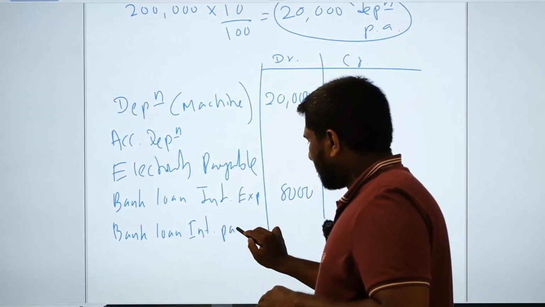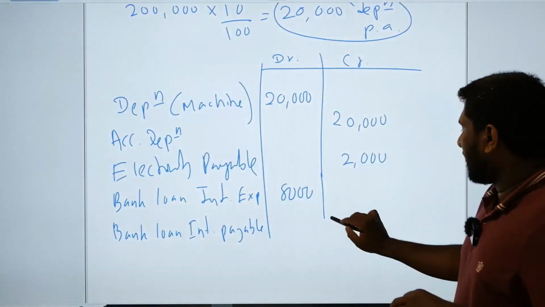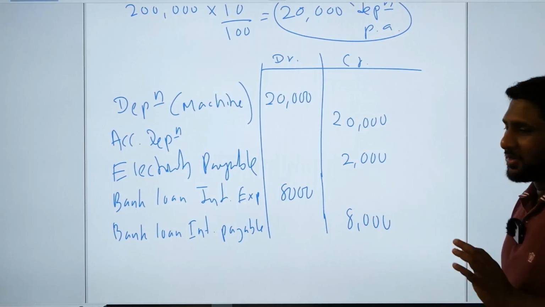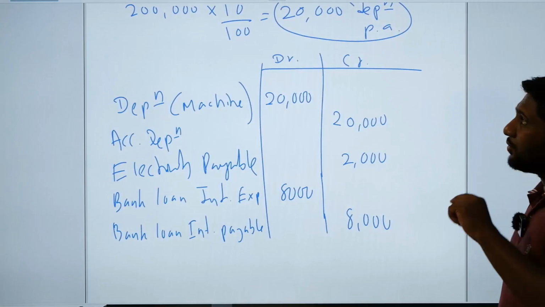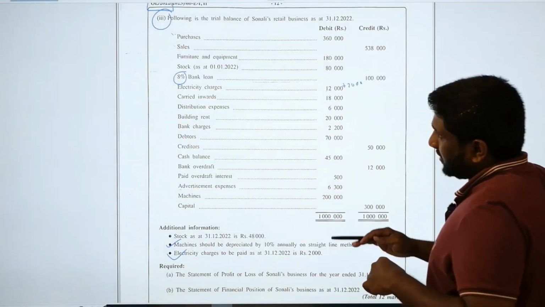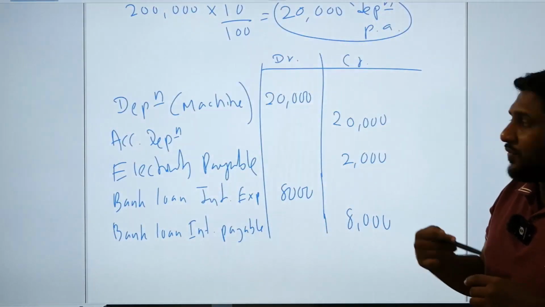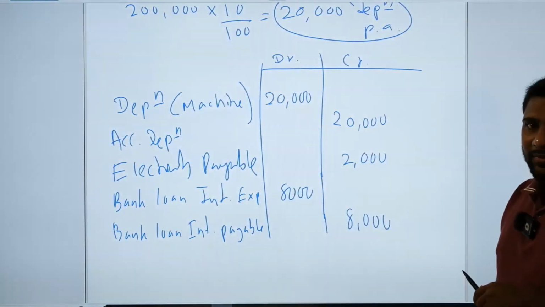This is a current liability, interest not yet paid, a current liability, which is 8,000. Now you see, apart from the items which were included in the trial balance, we added another 5 lines to the trial balance.